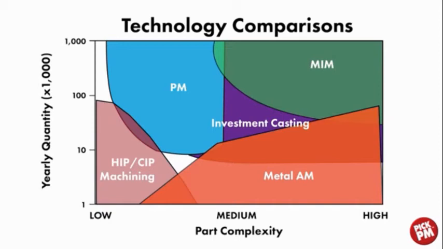In the top right corner, we see MIM, or metal injection molding, where we have very high volumes and very high part complexity. In the bottom right, we have metal additive manufacturing, and as you can see, it ranges from high to low part complexity, but with lower annual volumes. And then these technologies overlay technologies such as investment casting and machining.